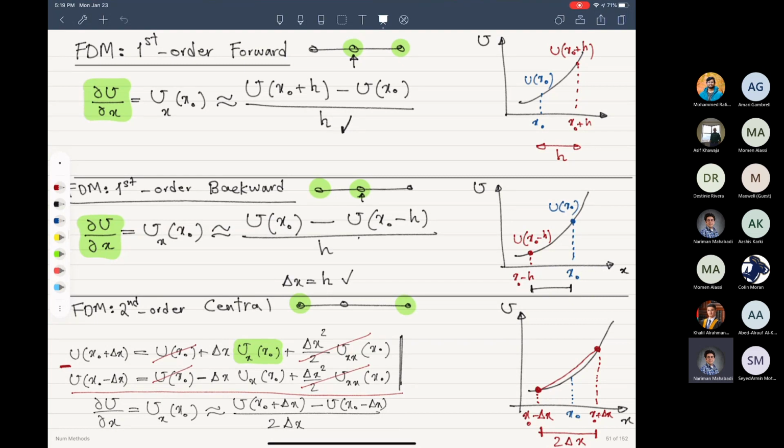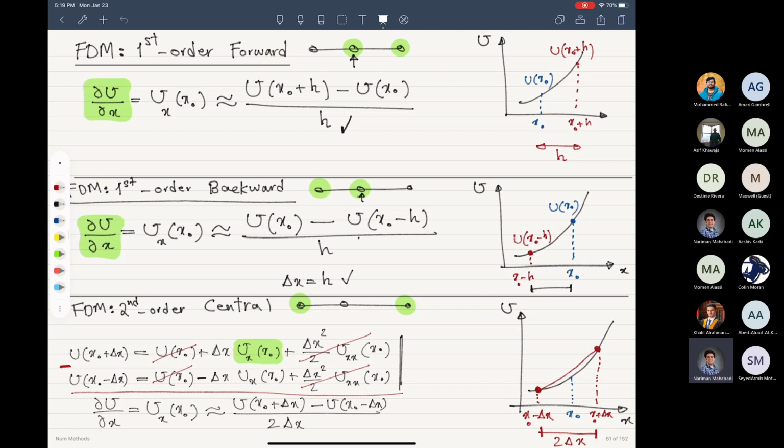Yep. Thank you. Yes. A little bit of the recap of what we covered last week. We talked about Taylor series and how we can use a simple series of Taylor to find approximation for our finite difference method. And we worked only on a few simple schemes of first order forward.